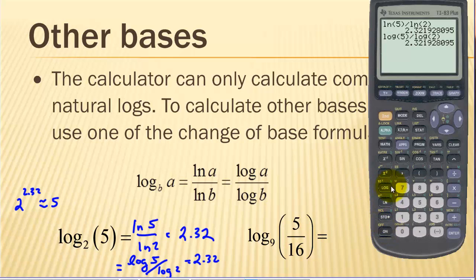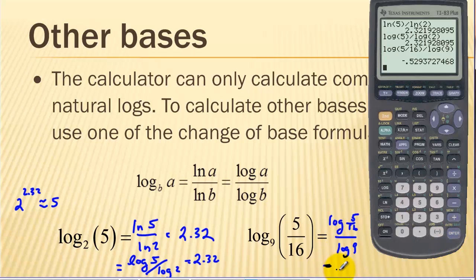So on this one, we would be doing, say, the log of 5/16 divided by the log of 9. So let's see what we would get for that. So log 5/16. When you're using the calculator, make sure you close that parentheses before you hit the divide symbol, otherwise you'll get the wrong number.